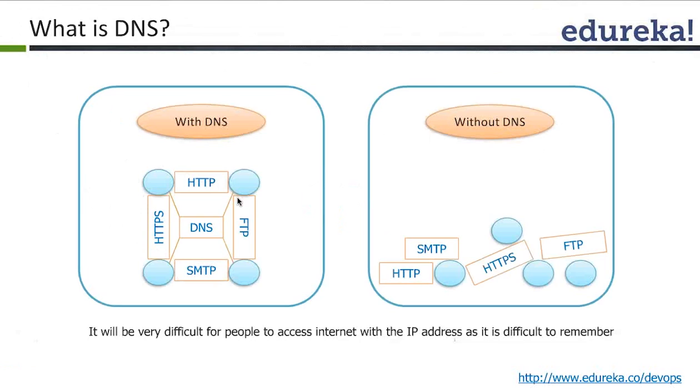So when two machines are trying to connect, both of them have an IP address, and the client machine which wants to talk to the server machine, that particular server machine should have an address we're trying to talk to.